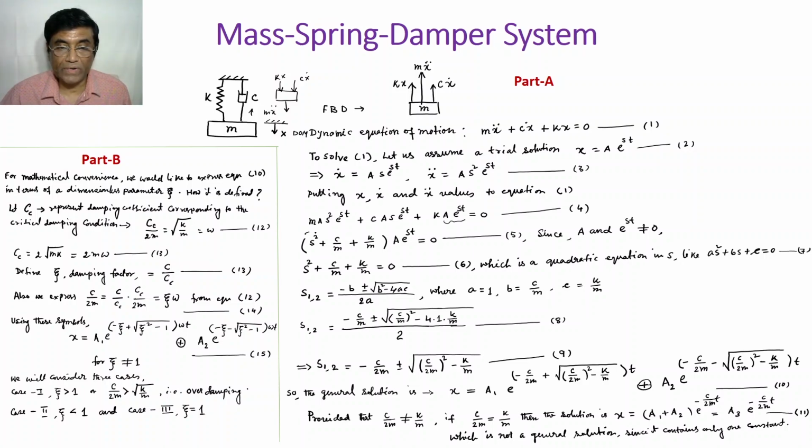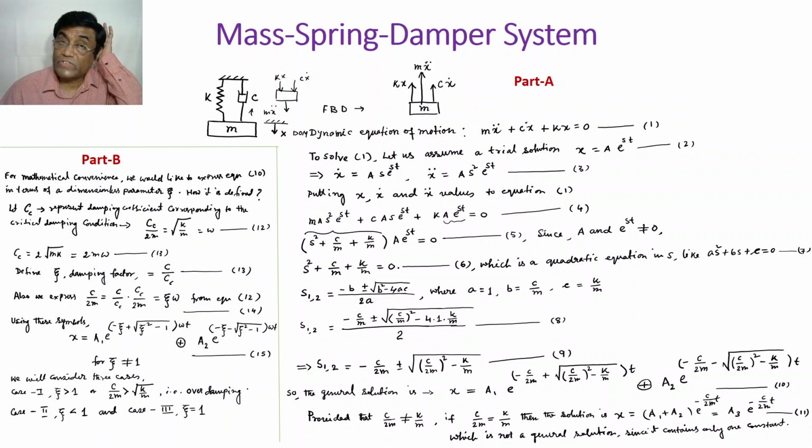When the product of two quantities is 0, then either of them must be 0. But here A is a non-zero constant, and e^(st) for finite t cannot be 0, this is an exponential term. So which one can be 0? s² + (c/m)s + k/m = 0.